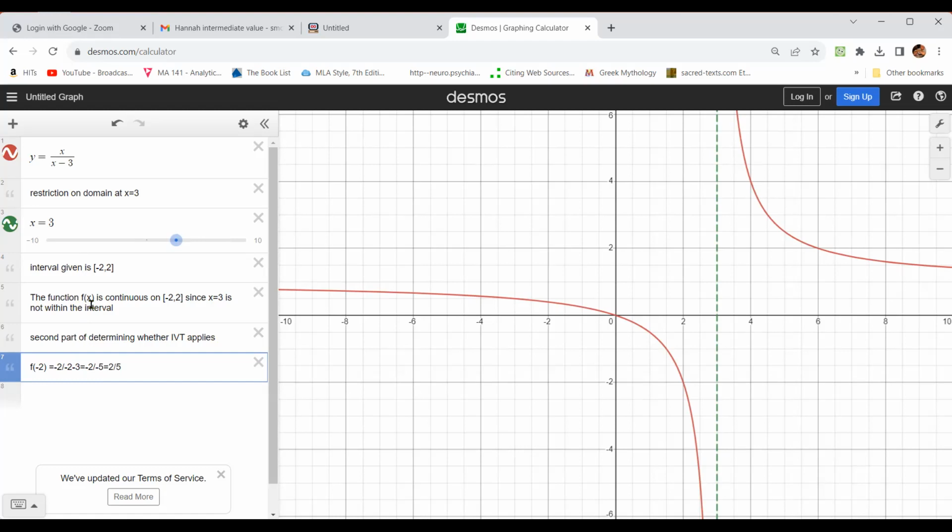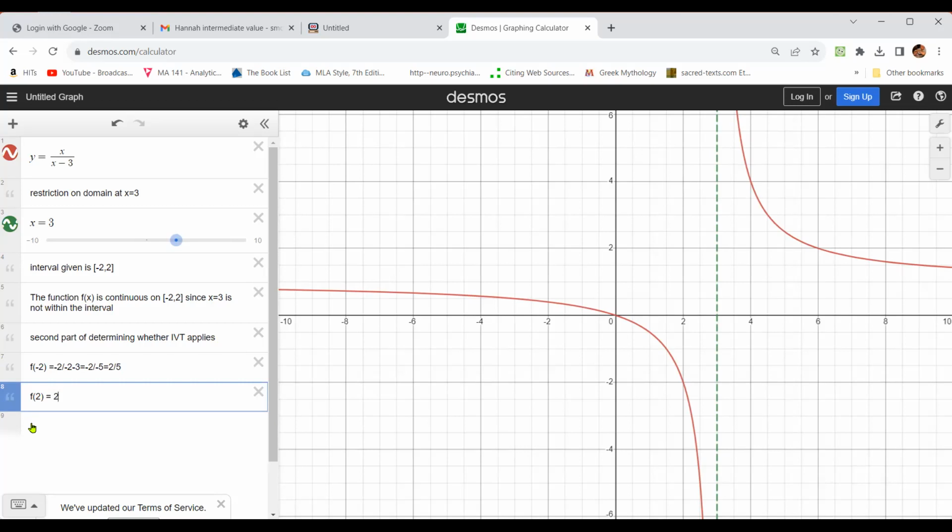Okay, so we're there. That's 2/5. Now let's evaluate f of +2. What is f of +2?